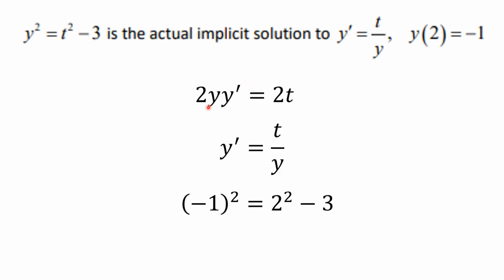Now this does require you to do implicit differentiation over here, so you get this, and then you solve for y prime, and the 2's will cancel, and y prime is exactly equal to t over y. Now, we also check to see if this expression satisfies y is minus 1 when t is equal to 2, and we see that when we substitute those values in, it does satisfy the equation. So that is an implicit solution.